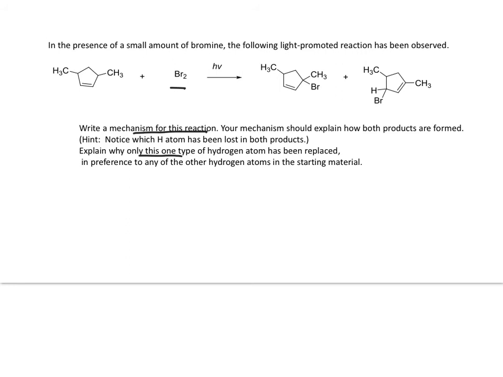If you do your bond dissociation energies for the bromination reaction, you will find that it's very selective, because the abstraction of the hydrogen is an endothermic process, and that will make the transition state higher. According to Hammond's postulate, that will make the transition state structure resemble that of the product.